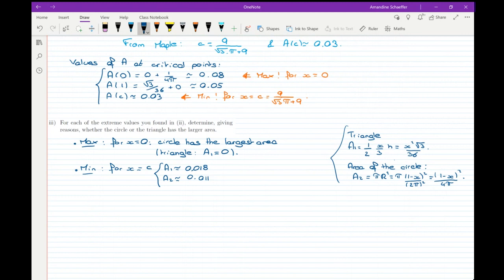So A1 greater than A2. Okay, so the triangle has the largest area. Okay, and that's it.